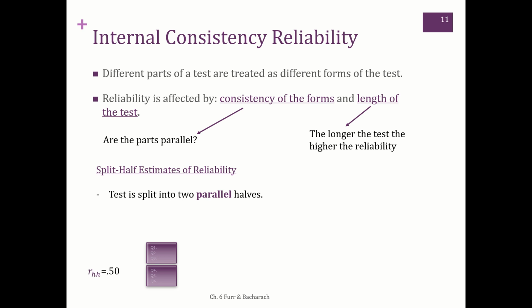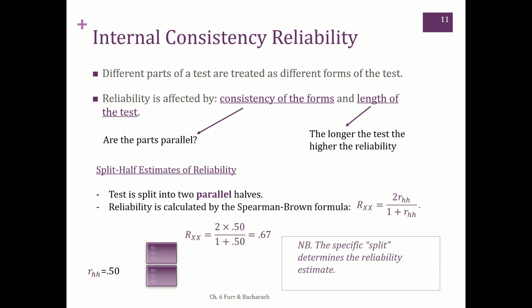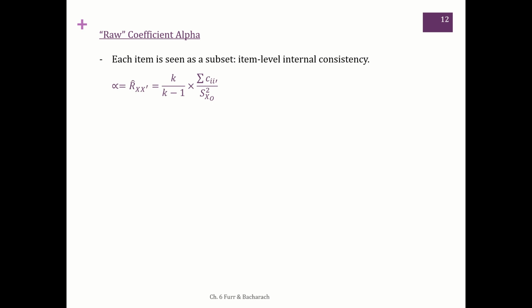So what we can also do to get around that is use Cronbach's alpha. Cronbach's alpha is also an internal consistency measure, but it takes basically cutting your test into pieces to the extreme. Cronbach's alpha sees each individual item as a parallel replication. So it says item 2 is basically parallel to item 1.